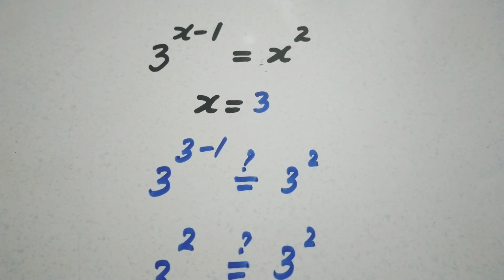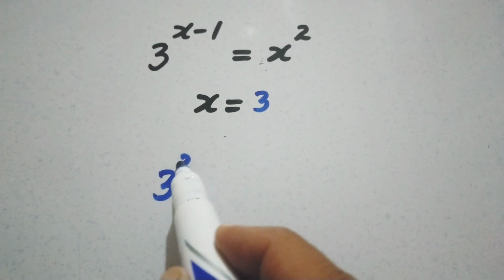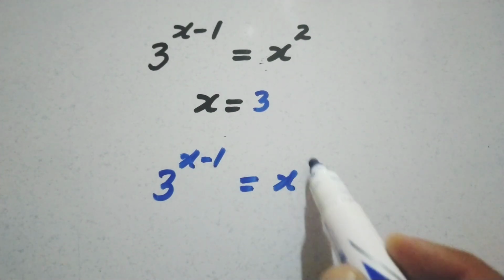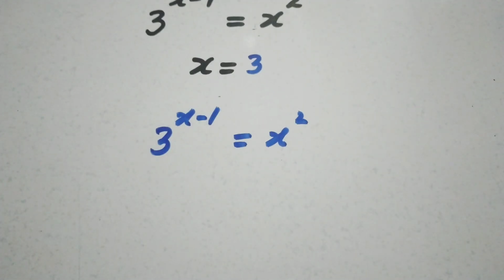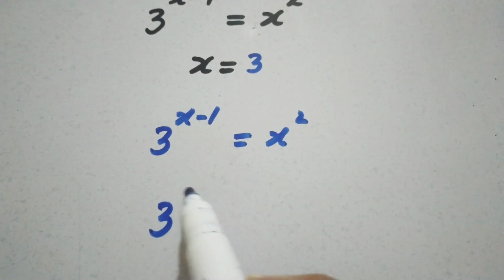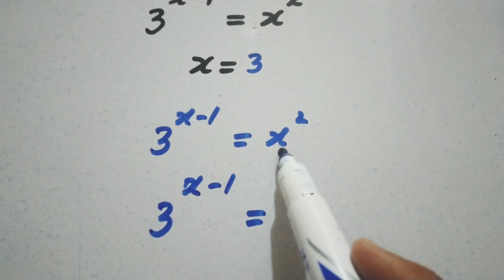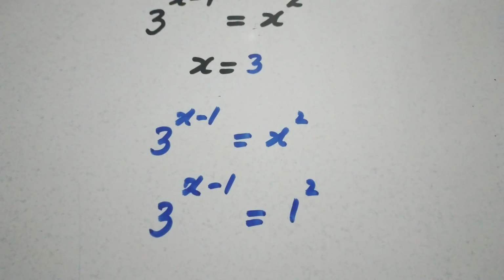But there is another solution, another value of x which also satisfies this given equation. So let's try the second method. As in the given equation we have 3 power x minus 1 is equal to x squared, let us suppose that the value of x is 1. So by putting 1, x means 1 squared.